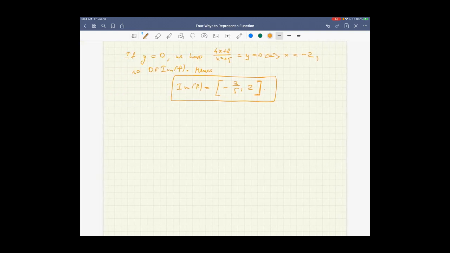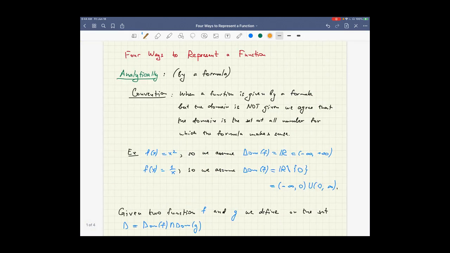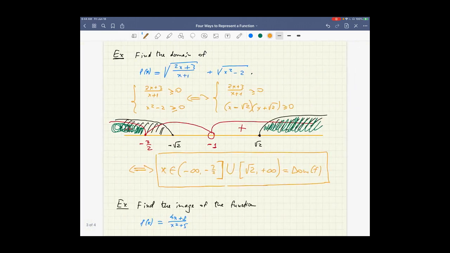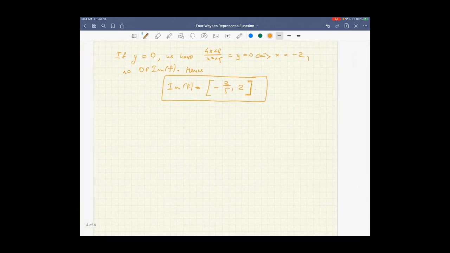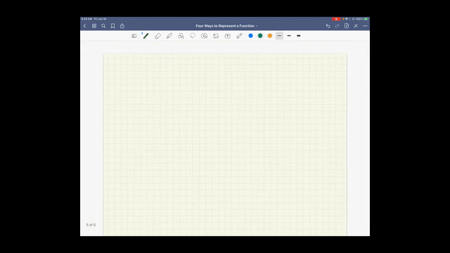Another way to represent functions, aside from formulas, which we will use occasionally, is tables. Pretty simple idea.